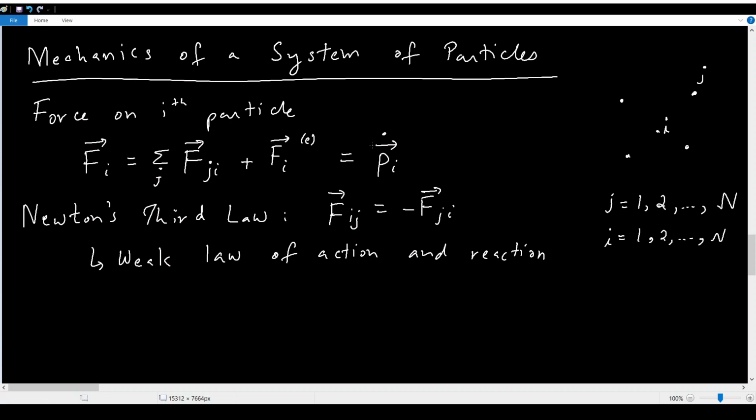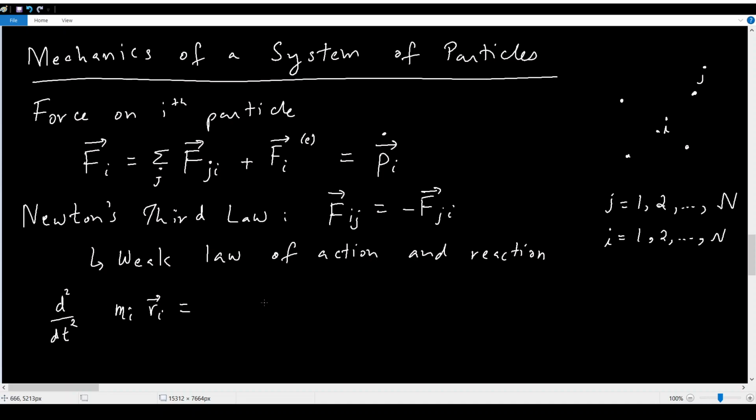Momentum is, of course, mass m_i times velocity. Velocity is dr/dt, but since there's another derivative, this is the second derivative of the position, so m_i times the double derivative of position, which is acceleration.